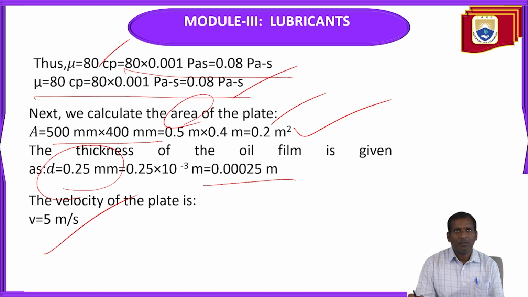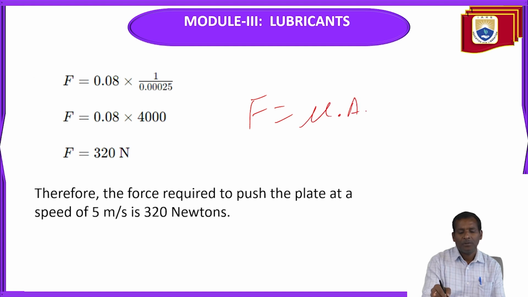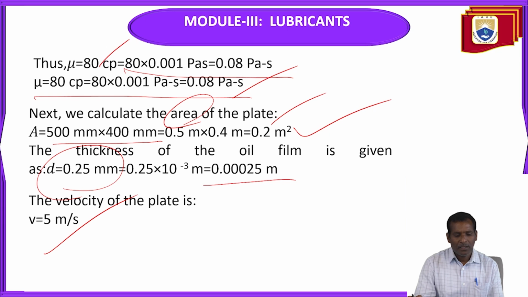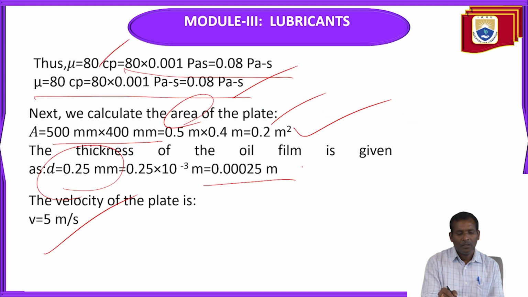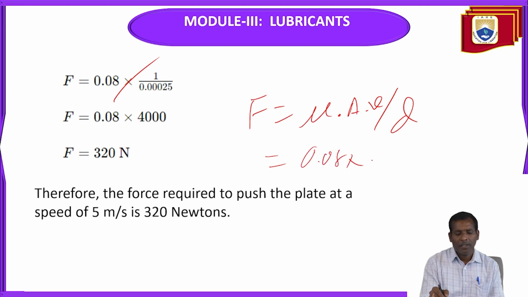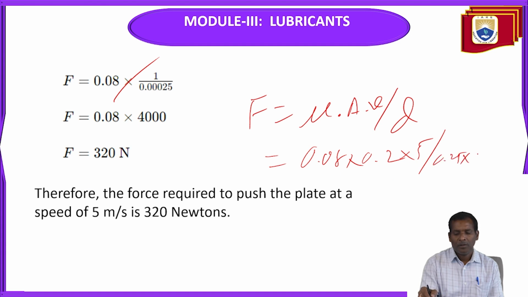Now substitute these values in the formula, F is equal to mu into AV by D. Here mu is 0.08, area A is 0.2, velocity is 5, divided by D in meters, 0.25 into 10 to the power minus 3.